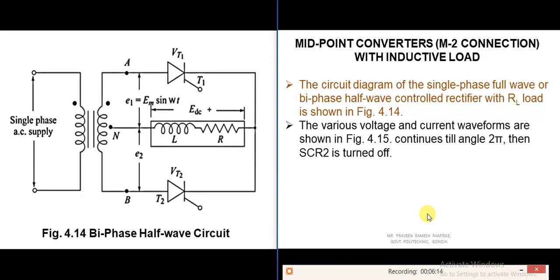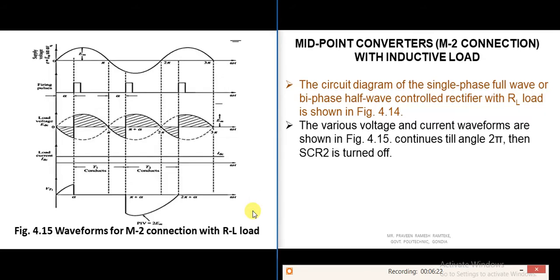The various voltage and current waveforms of the circuit are shown in this figure, and the waveform will continue up to the angle 2 pi. 2 pi means full wave.